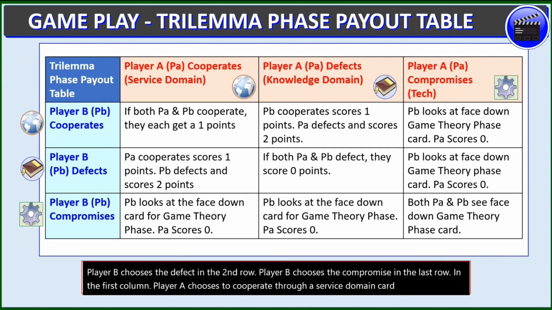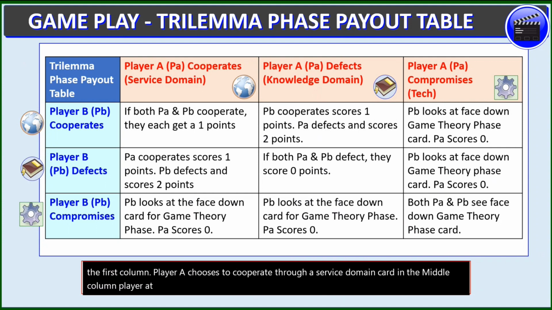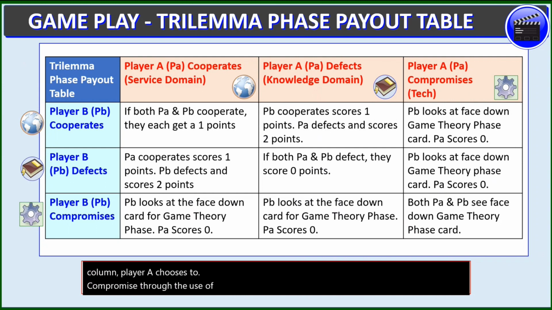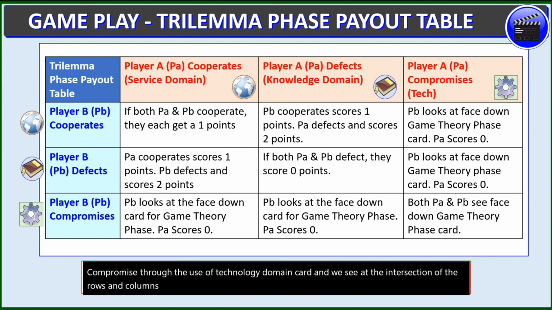In the middle column, player A chooses to defect using a knowledge domain card. And in the rightmost column, player A chooses to compromise through the use of a technology domain card. And we see at the intersection of the rows and columns, you read the text to determine what happens and determine points that are scored.